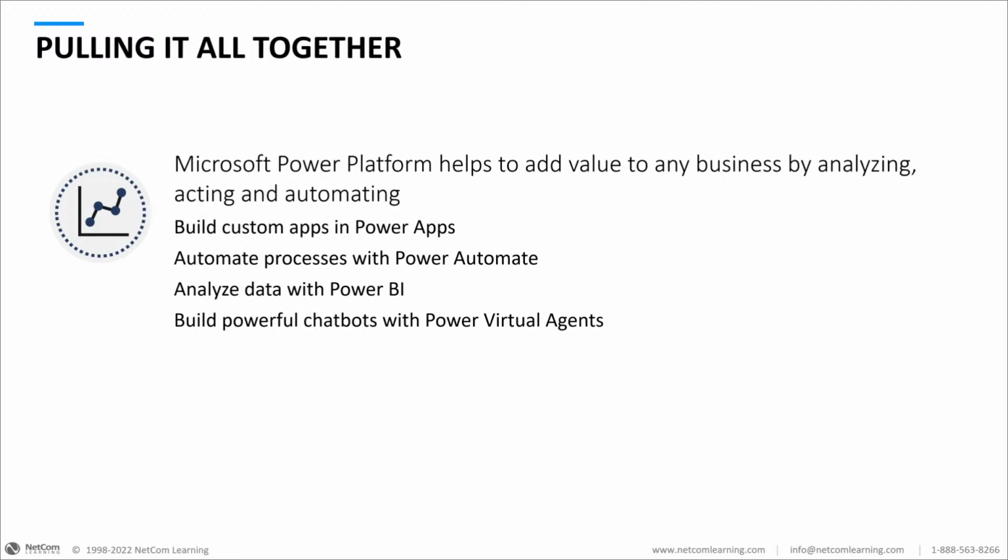And so, how do I keep track of all of this? Well, one of the things I can do is use the Power Platform to improve this process. So here are some examples of how I can do this. The Power Platform will allow me to build an app that has all the equipment listed. It'll have the status of the equipment.